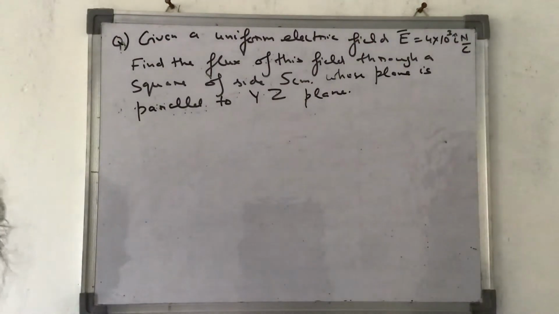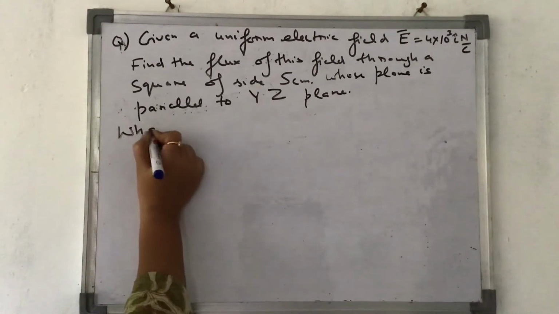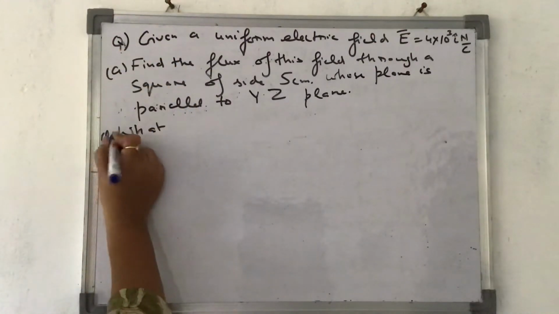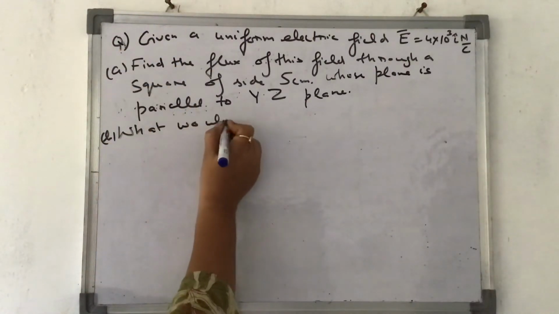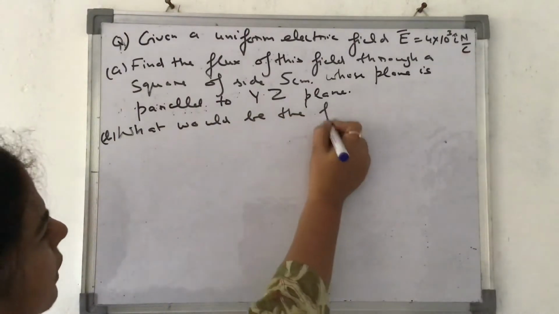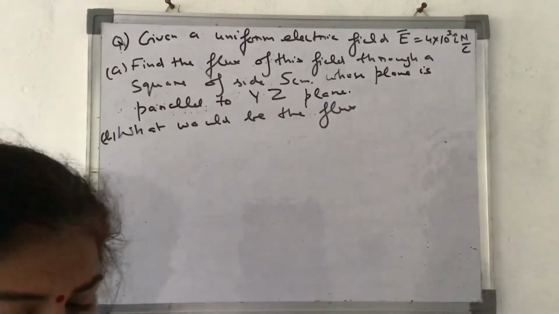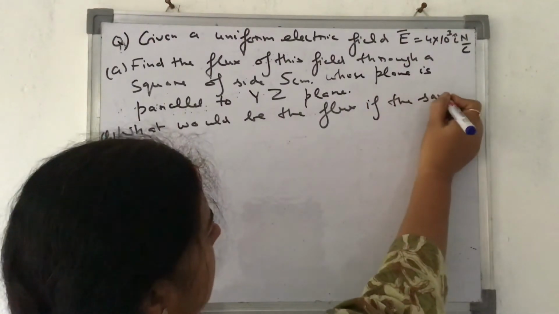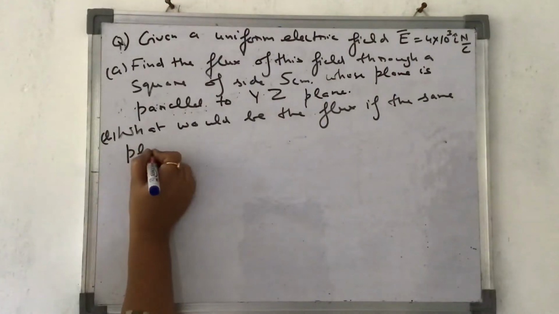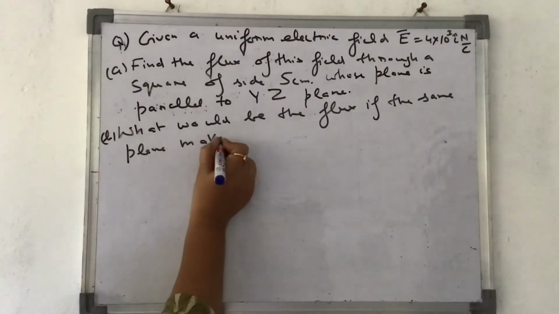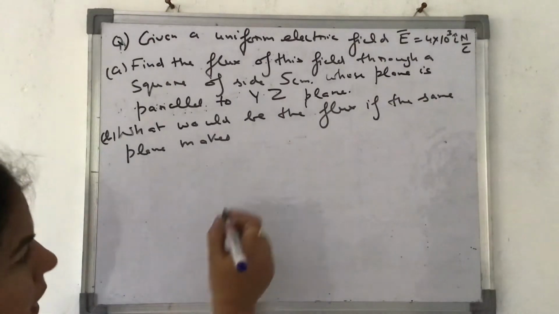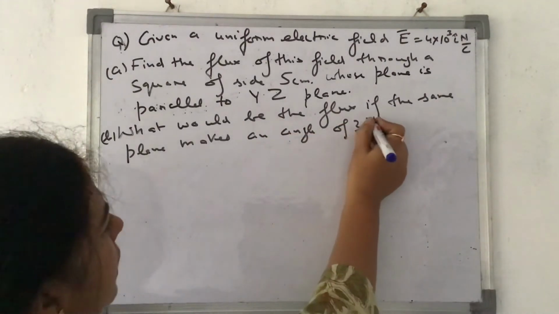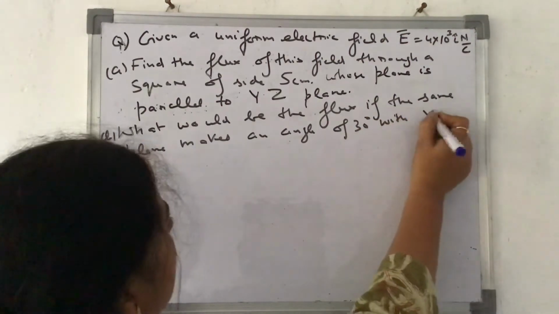Second part also, what would be the flux? This is the A part of it. B part is, what would be the flux if the same plane makes an angle of 30 degrees with the x-axis.